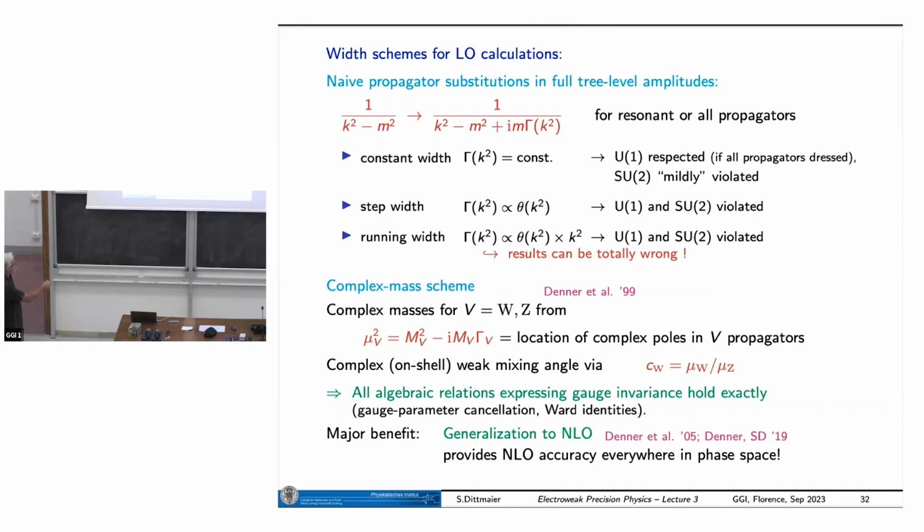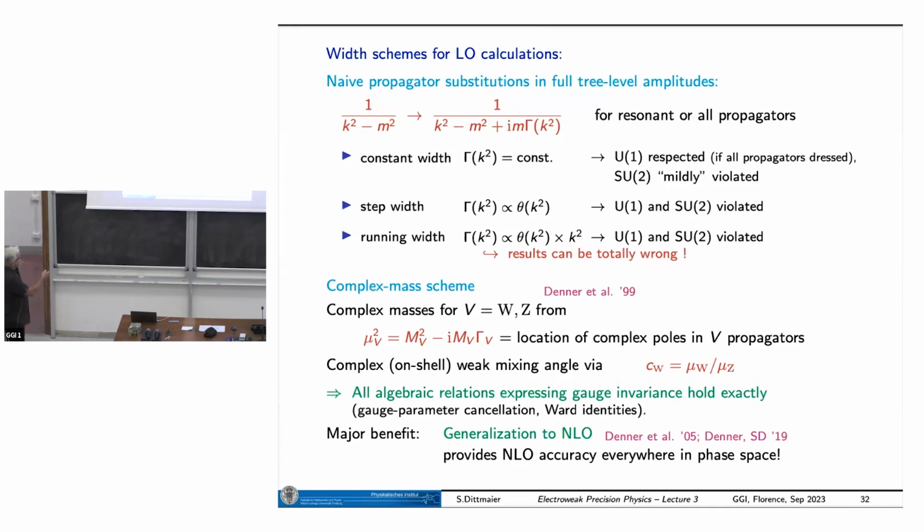On the other hand, if you're close to a resonance, it's essential that you have this kind of width part in it. What you can of course try is, whenever you have a resonance, to just add by hand such a width part. You can do this in various ways. You can just add i m gamma as a constant. That goes under the name constant or fixed width scheme. Scheme is maybe already overdoing it.